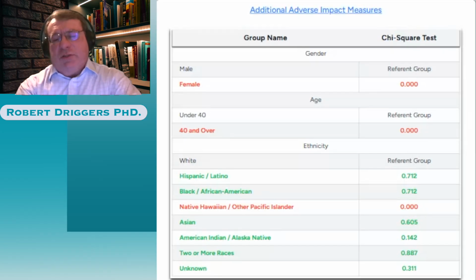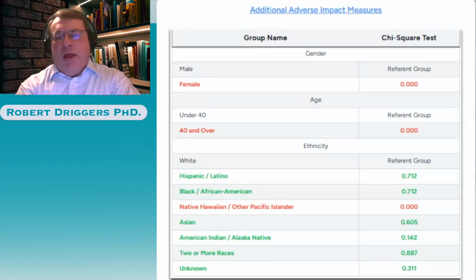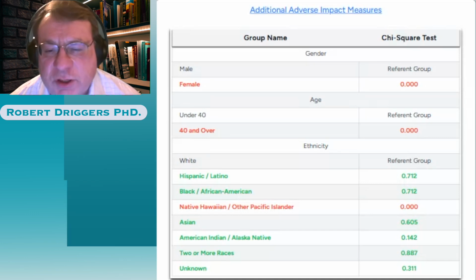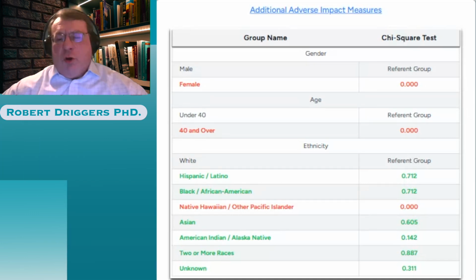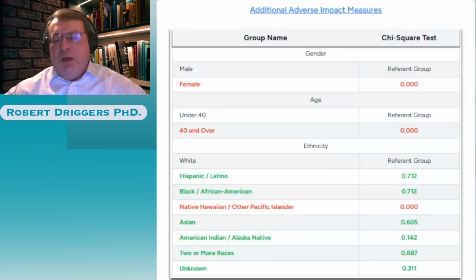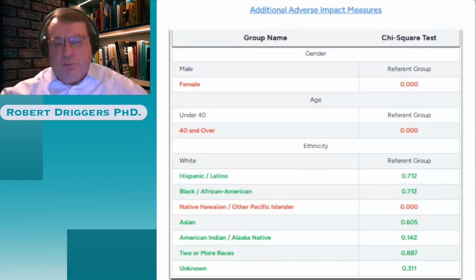However, as you can see on this page, some group differences are in red and some are in green. The red chi-square values indicate that there's a potential for adverse impact in that group. The green chi-square values indicate that even if a difference were to exist, it would be in the direction of the protected class. Therefore, no findings of adverse impact are evident.